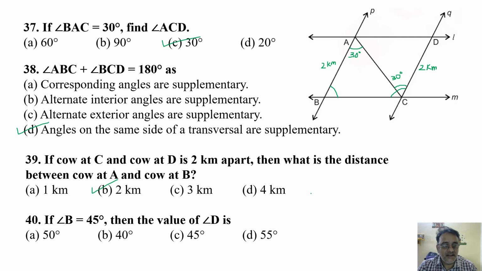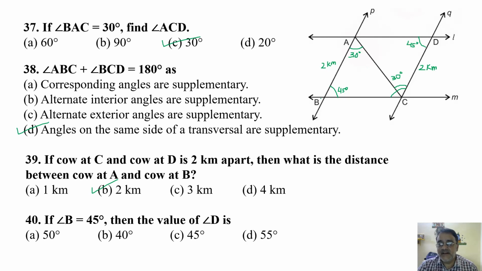Next, if angle B is equal to 45 degrees, then the value of angle D is dash. Okay, angle B means this is 45 degrees. And what is the value of this angle? So this angle is also 45 degrees. We can say it in two ways, otherwise, I am telling one method.